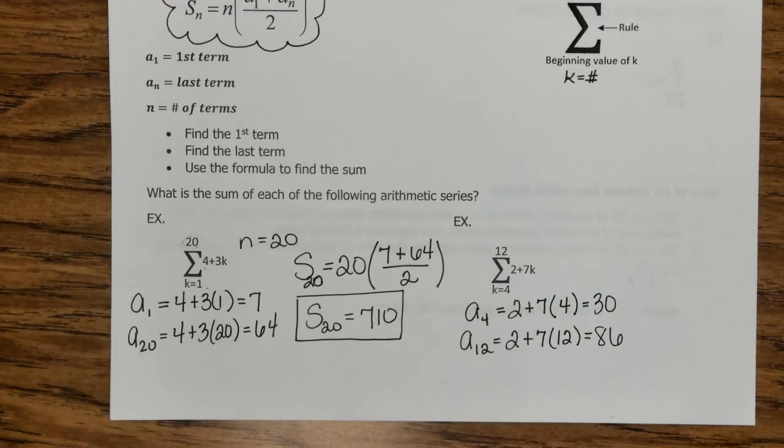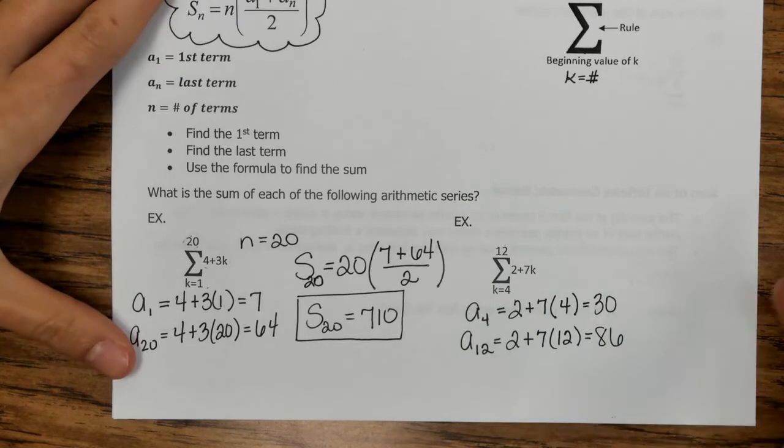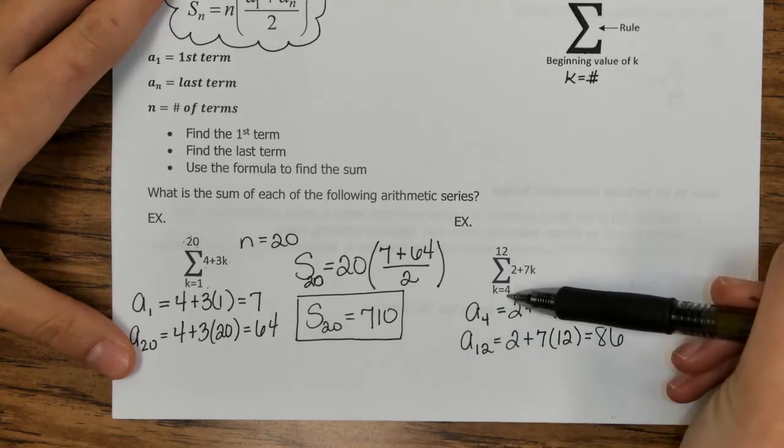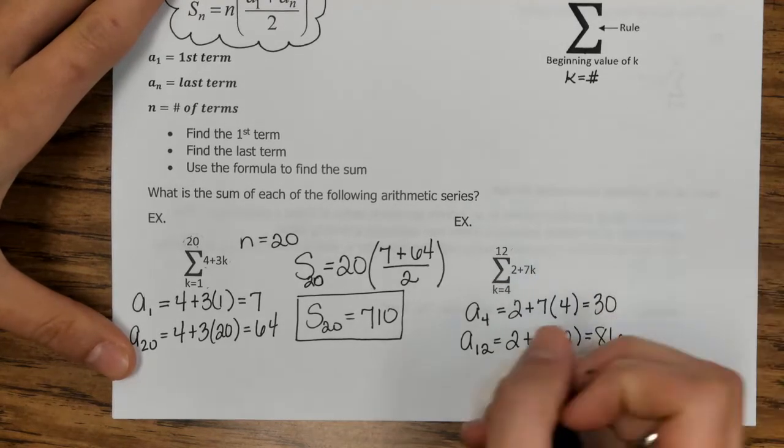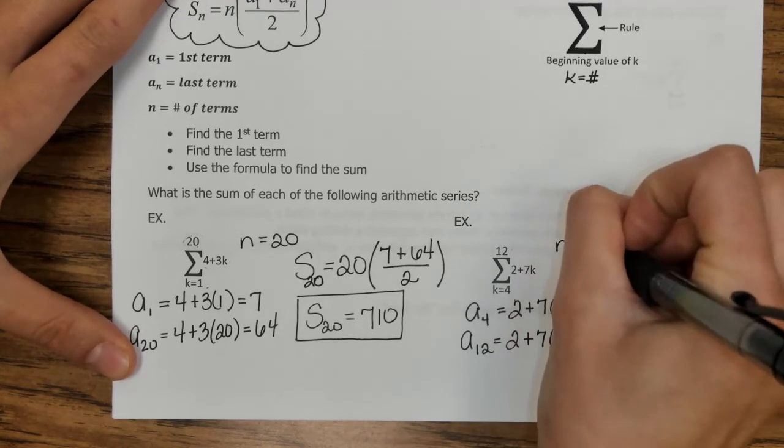Now if I'm going from 4 to 12, what's my n? What's my number of terms? 4, 5, 6, 7, 8, 9, 10, 11, 12. 9. So really, you could subtract and then just add 1 because you have to take consideration that 4. So my n is equal to 9.